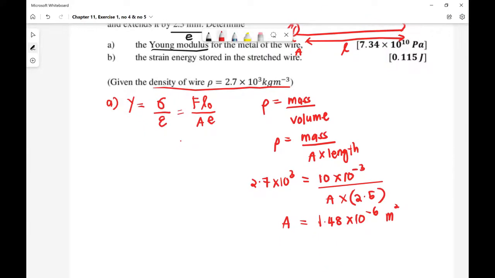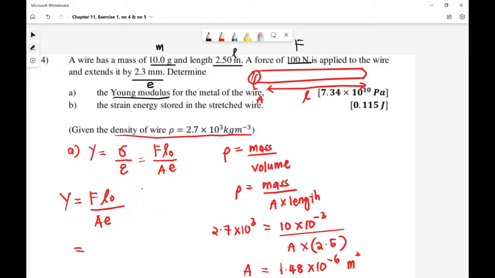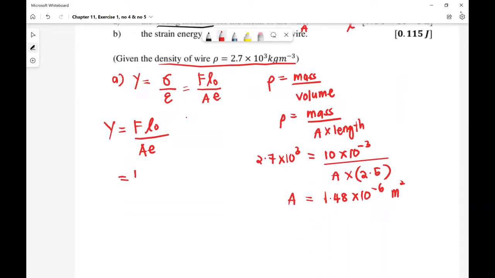So kita dah boleh cari Young modulus equals F L naught over AE. Substitute force, force is given, it is 100 Newton, and then L naught is 2.5 meter.